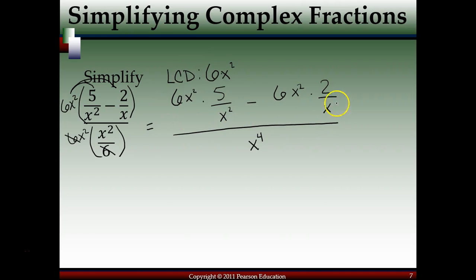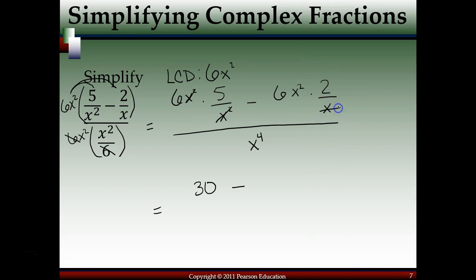Now let's simplify this up here in the numerator. Well, 6x squared times 5 over x squared, our x squareds cancel out, and we are left with 6 times 5, which is 30. And then we have 6x squared times 2 over x.